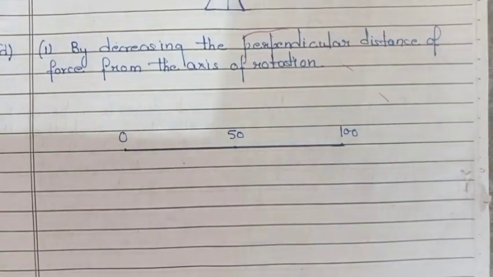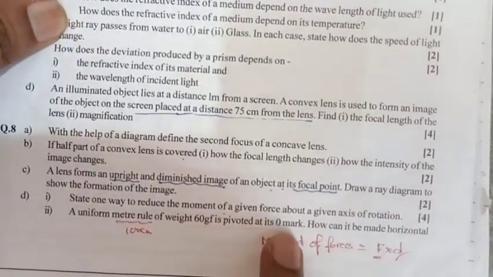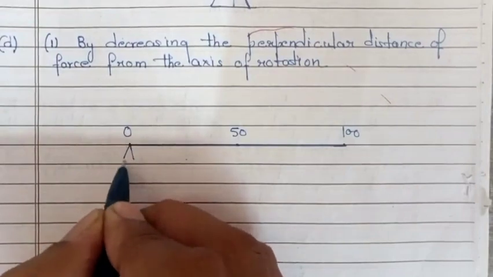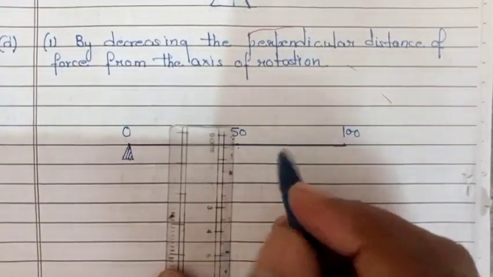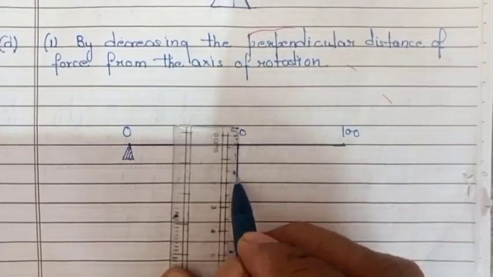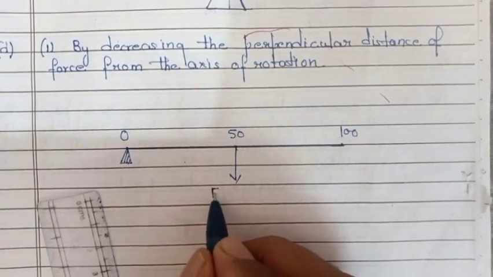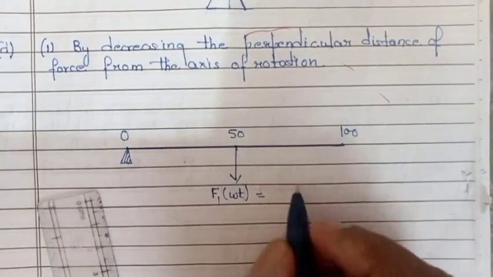Now the question says that this rule's weight is 60 and it is pivoted at 0 mark. At the 0 mark we have to pivot the scale like this. Now at the center of the scale will act its weight. You can consider F1, that is the weight of the scale. It is given as 60 GF.